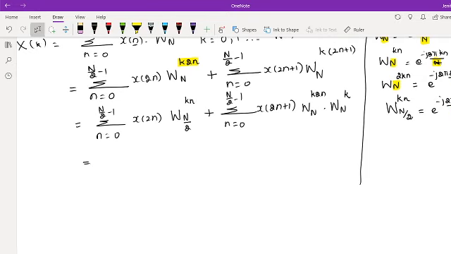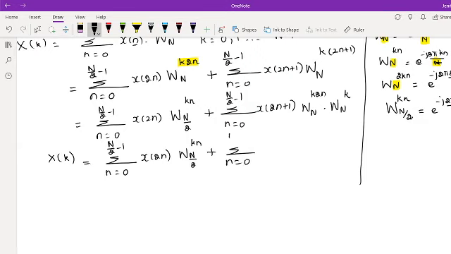So x of k is equal to summation n equals 0 to N by 2 minus 1 of x of 2n W N by 2 power kn, plus summation n equals 0 to N by 2 minus 1 of x of 2n plus 1, the same step, W N by 2 power kn into W N power k.